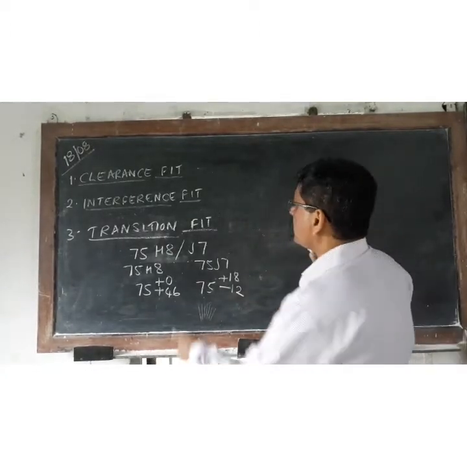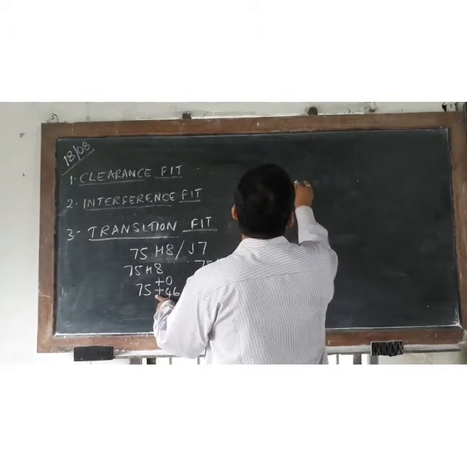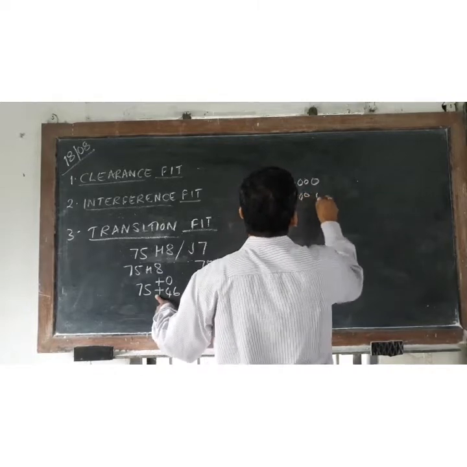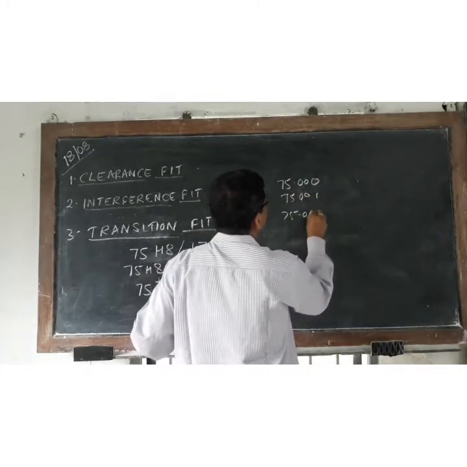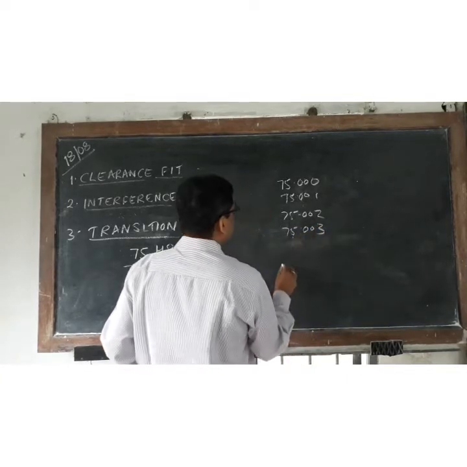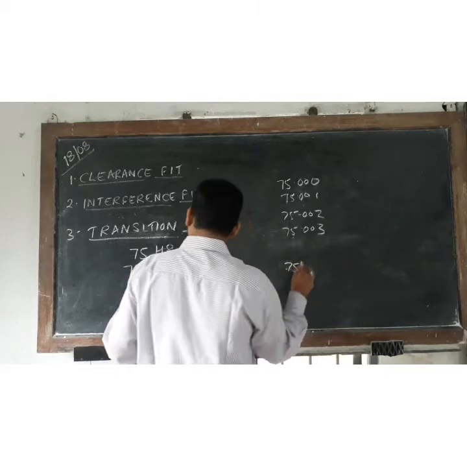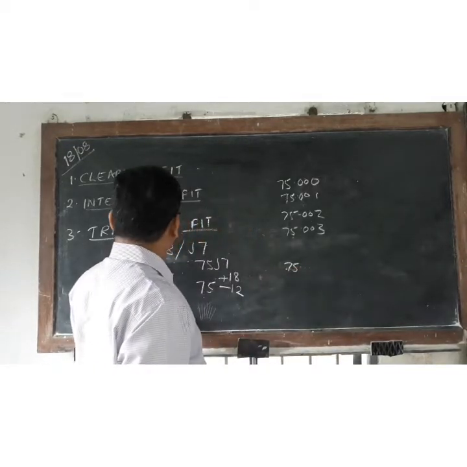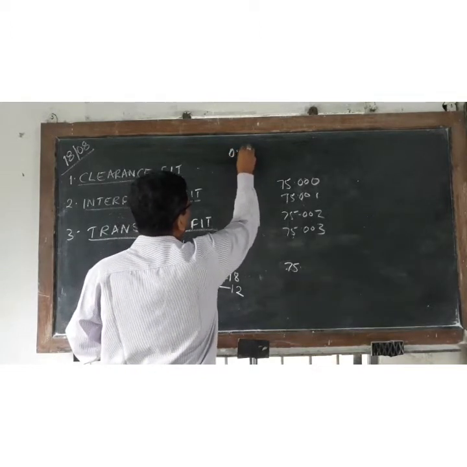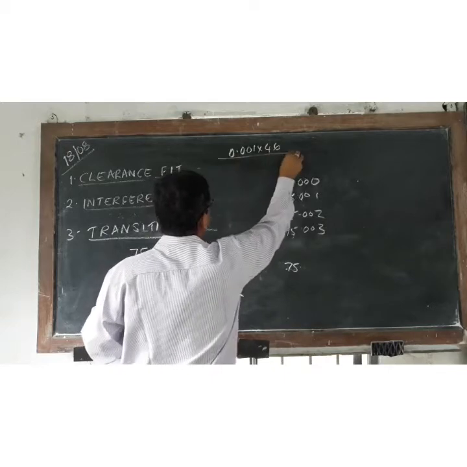So we'll say now 75. You can do 75.00, 75.001, 75.002, 75.003, like that, up to 75.046, isn't it? 46 microns.